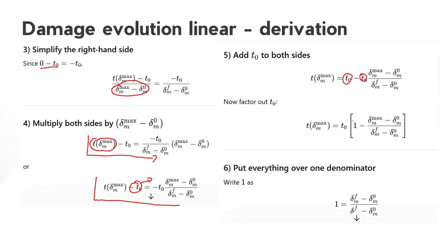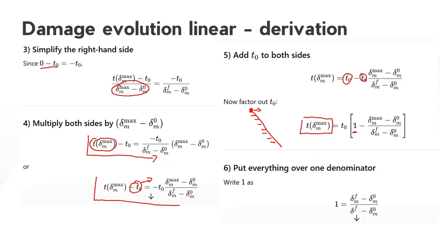So there is t0 equal to 1 minus delta m max minus delta m0 in the fraction, and it's divided by the delta m fracture minus delta m at the damage initiation. So this is my delta m max that is described, and based on this equation, once I put in the parameters, I will be receiving what is basically happening from the damage initiation point from the sense of the traction.